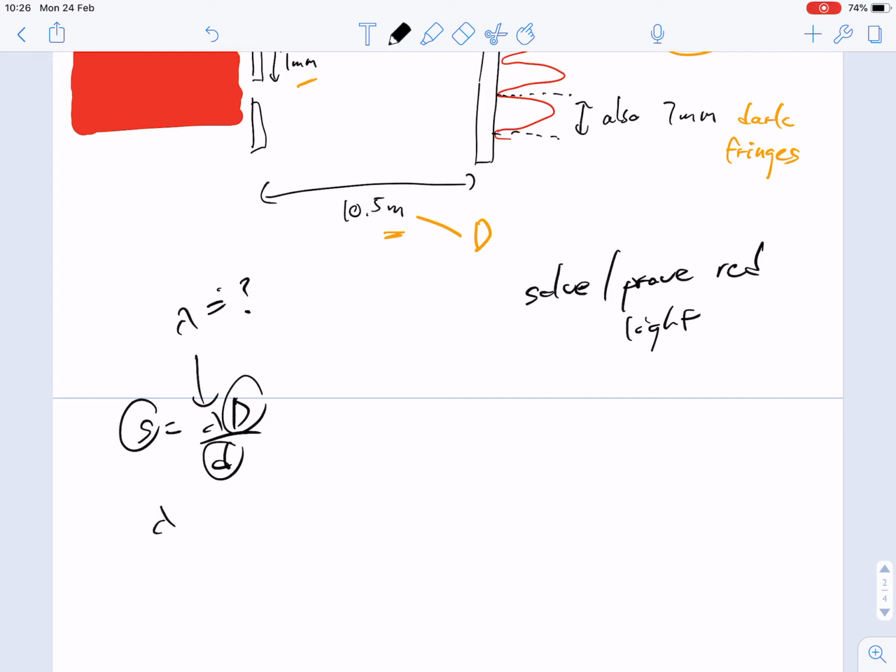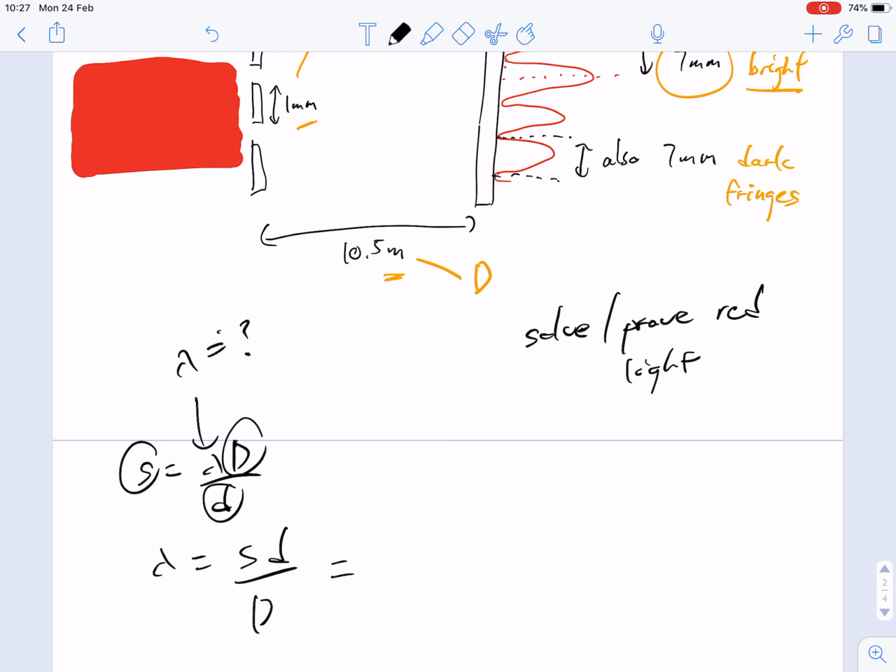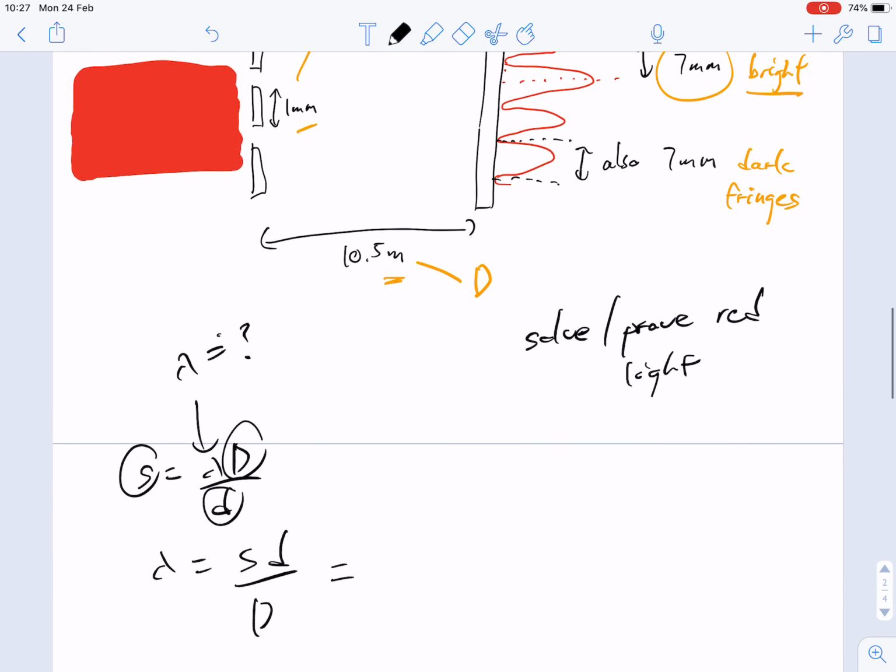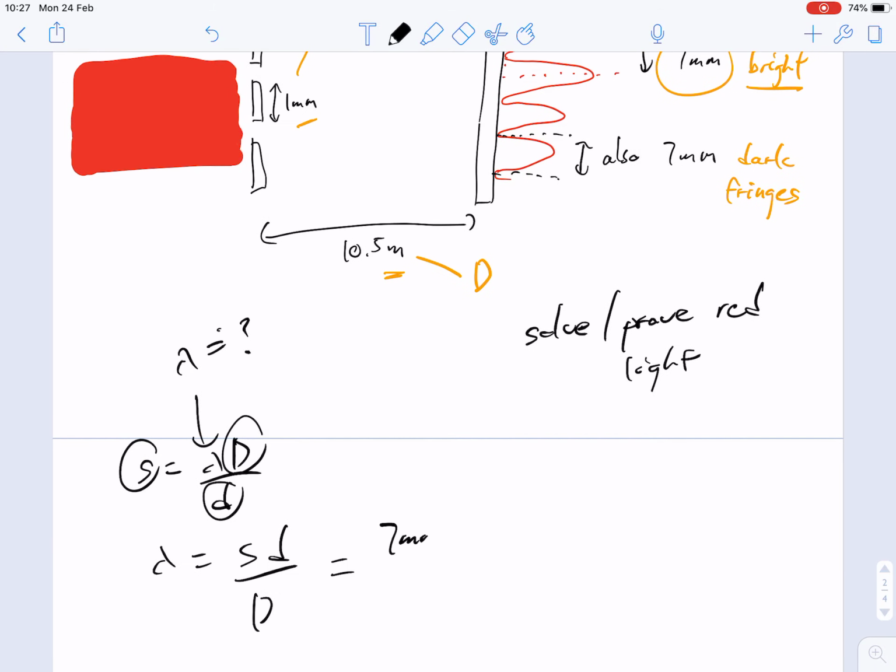So let's do a little bit of rearrangement. Lambda equals S little d over capital D. Make your rearrangement and then do your substitution. So S is 7 millimeters, and then we have little d is 1 millimeter, and then we have big D, which is 10.5 meters. I'm going to pull up my calculator here, so bear with me for a moment.